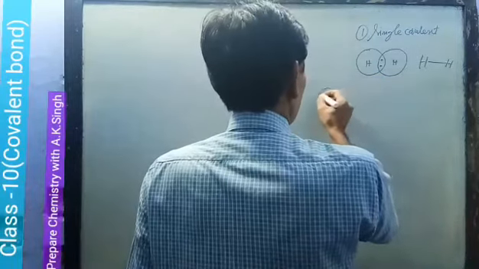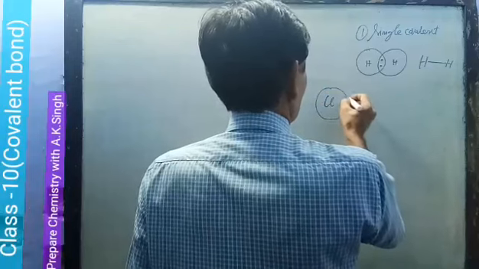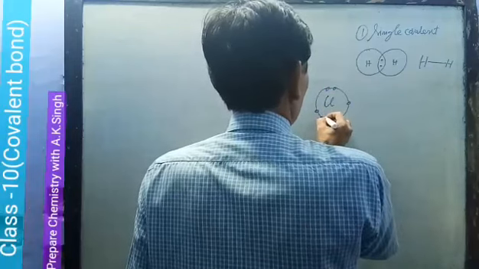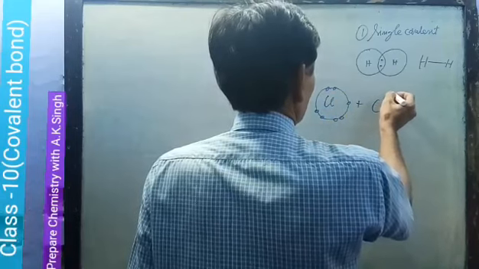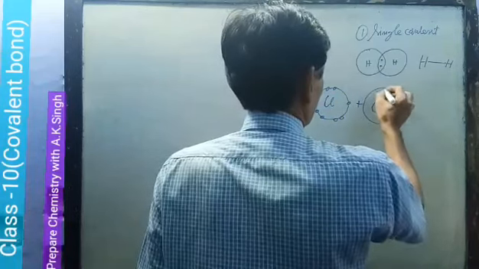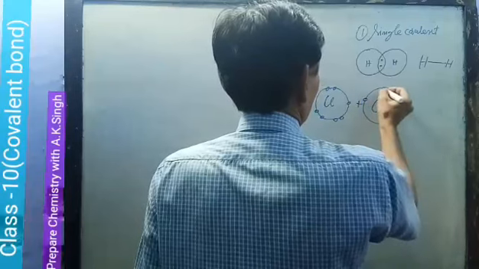Chlorine atom is having how many electrons? 7 electrons in the valence shell. Another chlorine atom is also having 7 electrons in the valence shell.